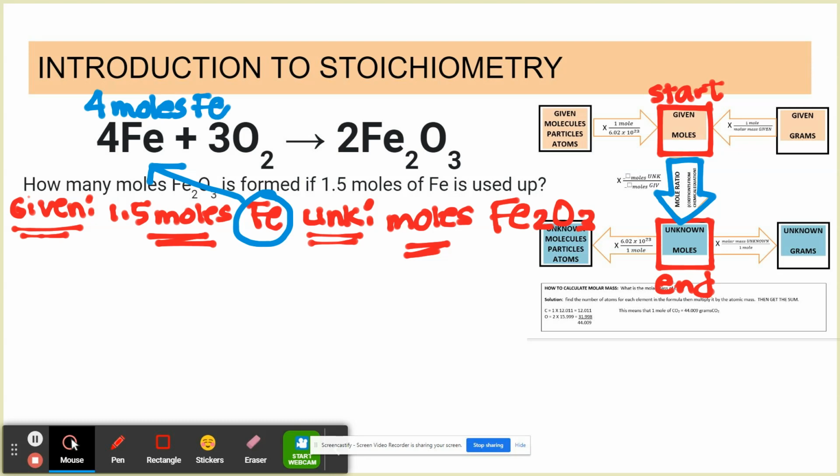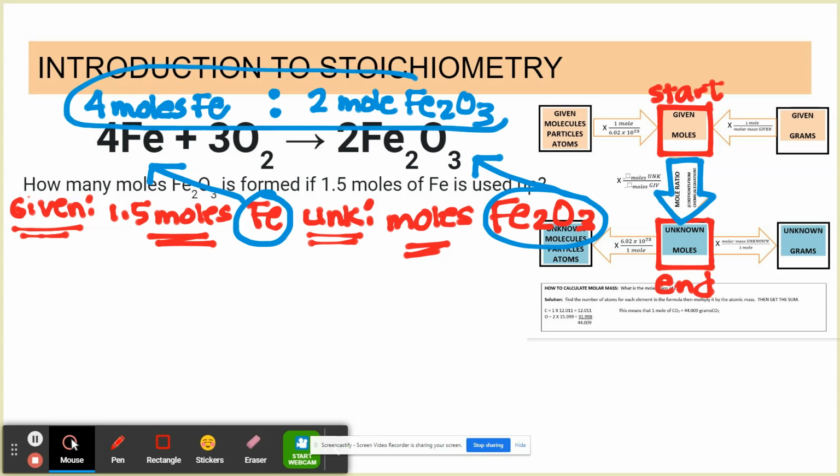And I need Fe2O3, which is this. This is 2 moles of Fe2O3. So this is your mole ratio, and that's the conversion factor that we need to solve this problem.